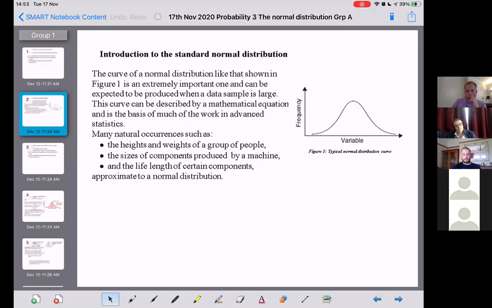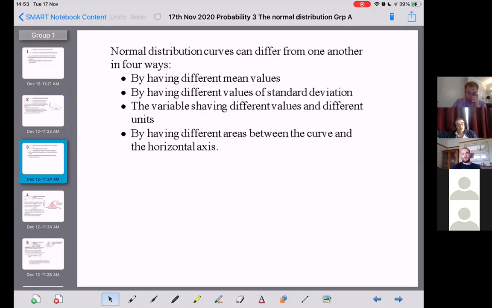Right, so normal distribution curves can differ from one another in 4 ways. By having different mean values. You could sample 1,000 people one day and sample a different 1,000 people another day, and the mean is likely to be different.